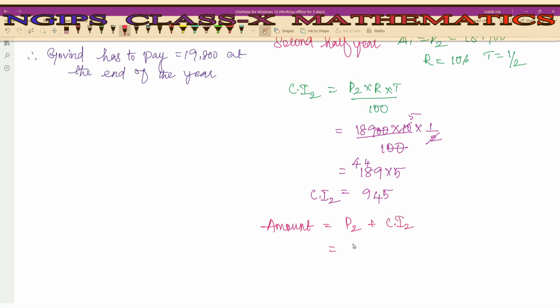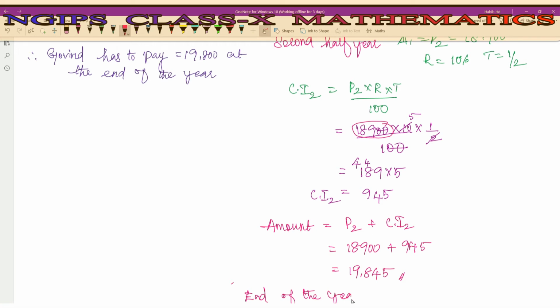So we have 18,900 plus 945 rupees. If you add both, 0 plus 5 is 5, 0 plus 4 is 4, 9 plus 9 is 18, 8 remainder 1, so 19,845 rupees.